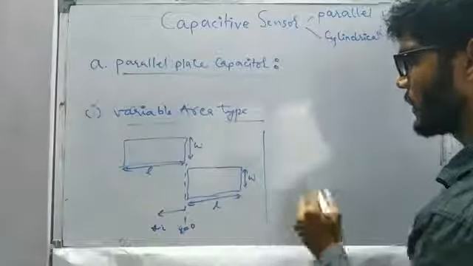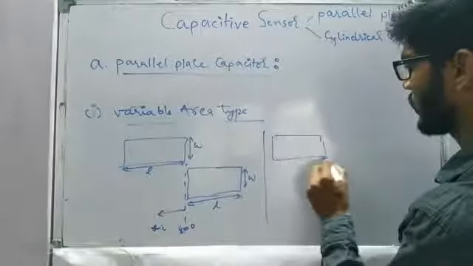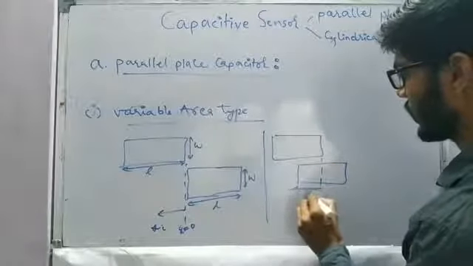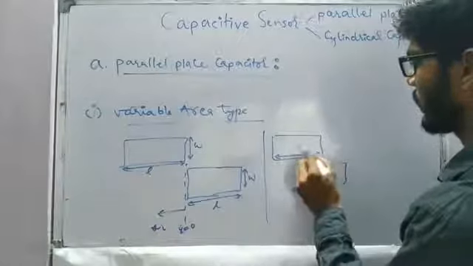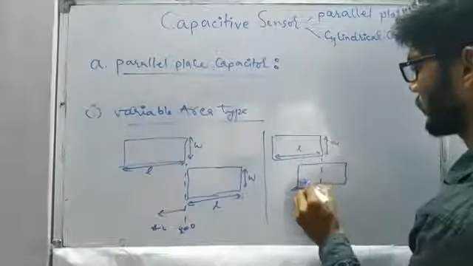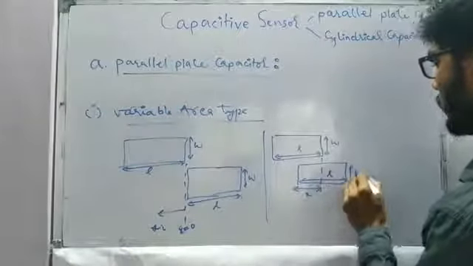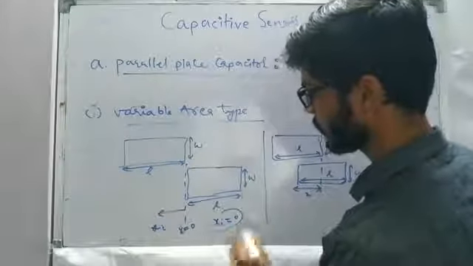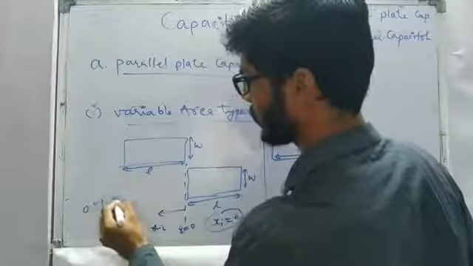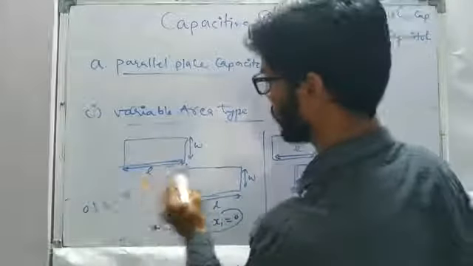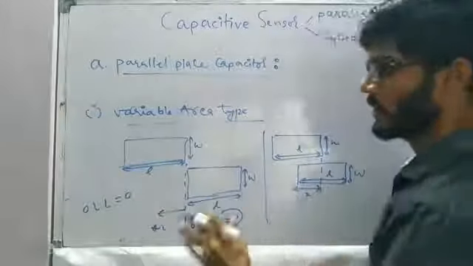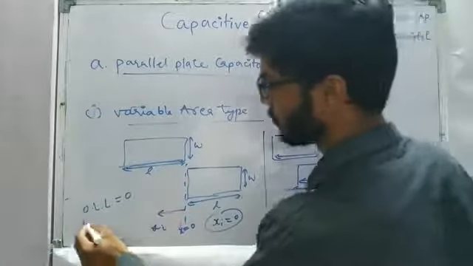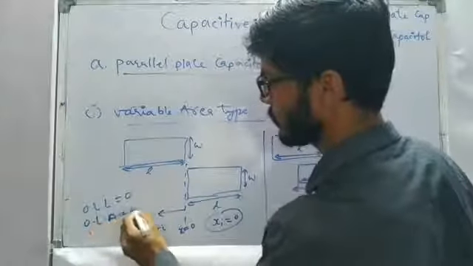Let us say in the second case the plate has moved a distance of x, so the length is L and the width is W, the same length and width. In the case when x is equal to 0, the overlapping length is 0, because these plates are completely separated, they are not having any overlapping length. So the overlapping area is also 0.